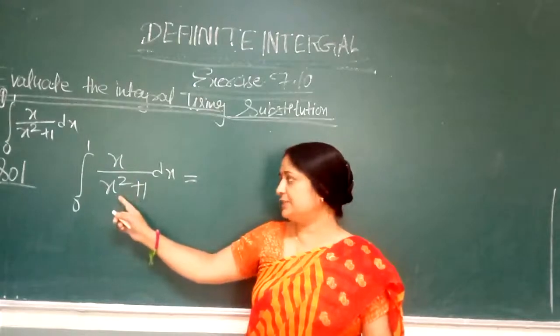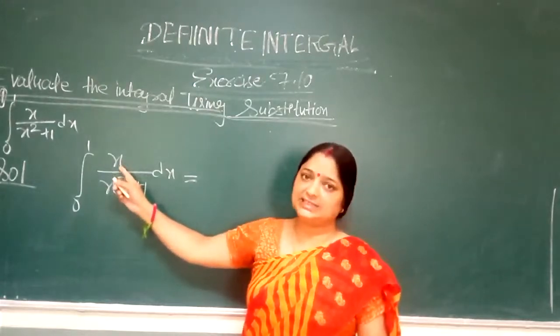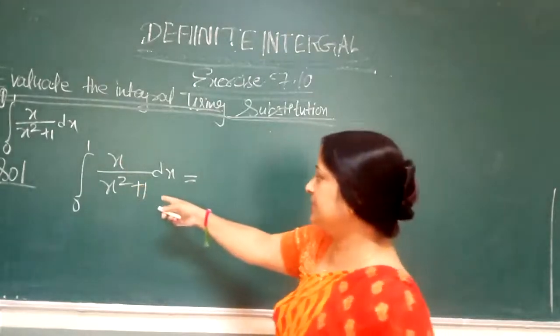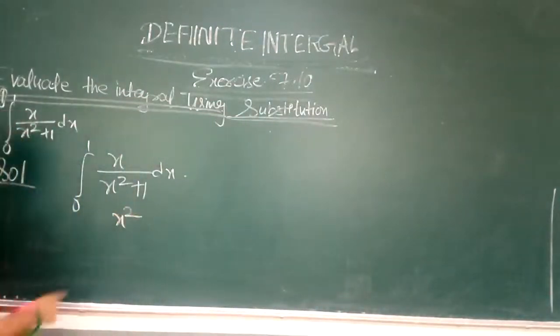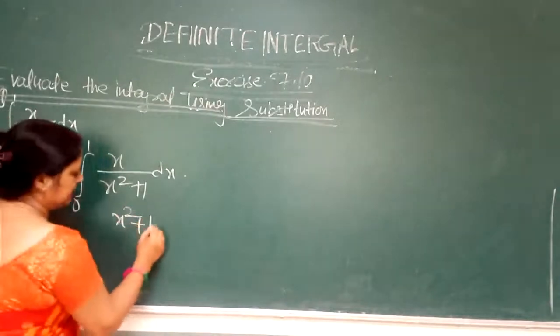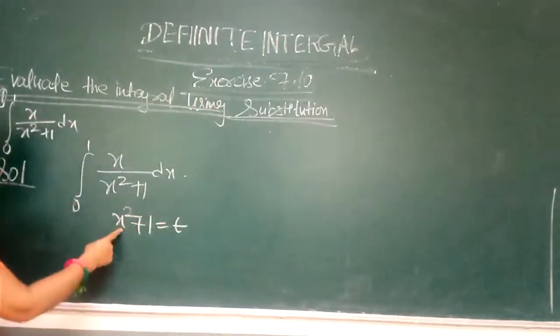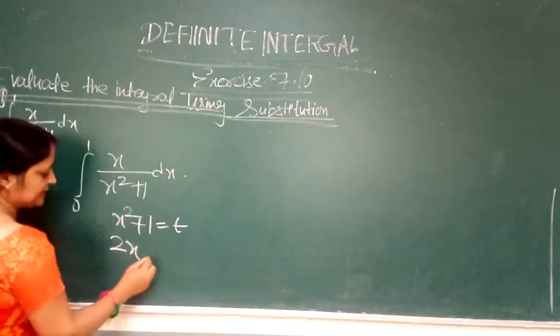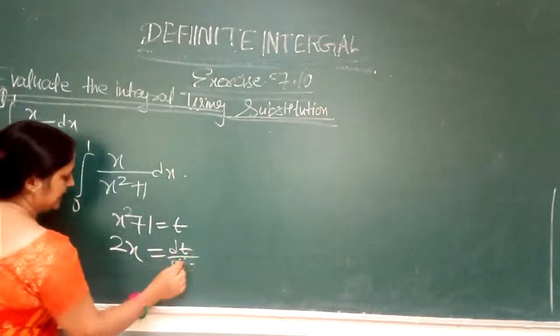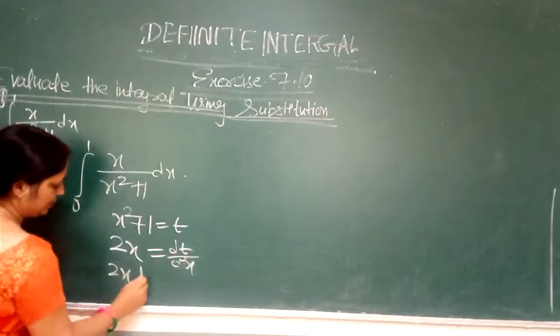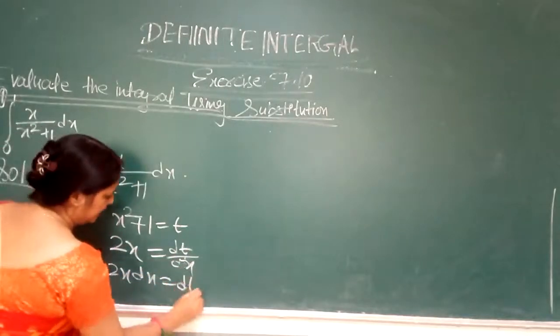We put x square plus 1 as t. The derivative of x square is 2x, so dt upon dx is 2x, and next it will come 2x dx is equal to dt.